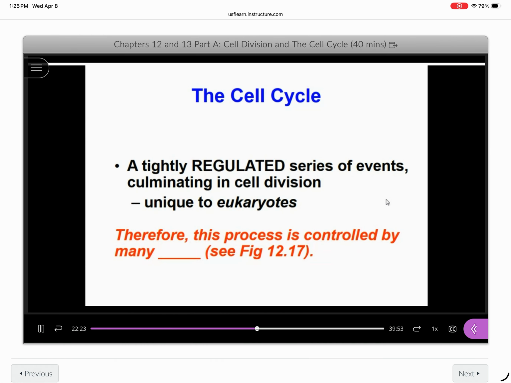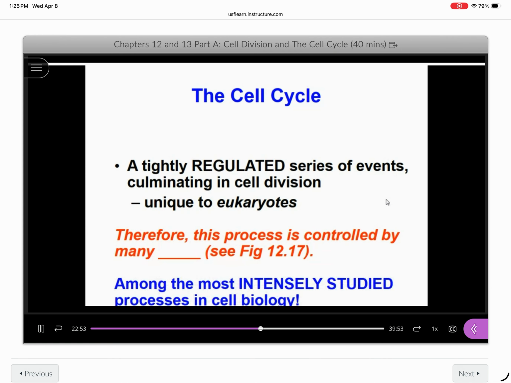How else would you have a tightly regulated series of events? Good answer if you said that, and if you didn't, just be aware that that's what's going to happen. The text gets more into the enzymes. In fact, figure 17 in this chapter talks about it, but you are not responsible for that. You will pick that topic up in cell biology down the road.